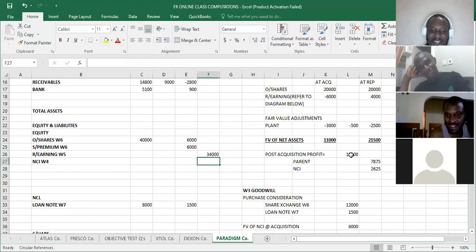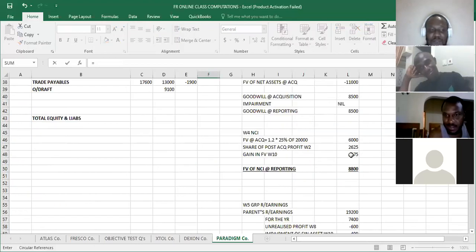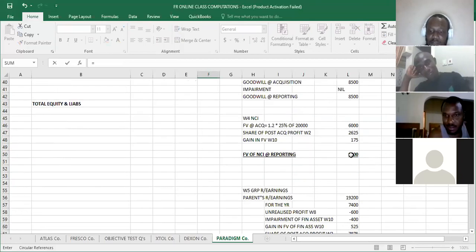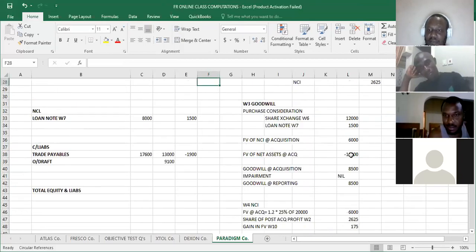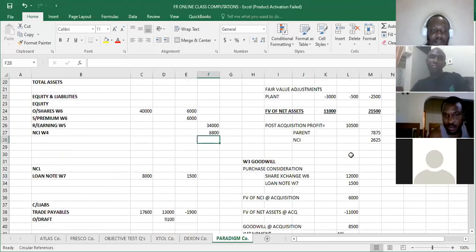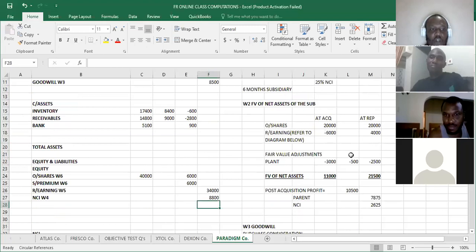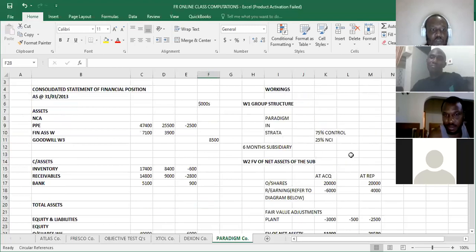Okay. So it's equal to NCI now. Everybody has gone? I think people have gone though. Yeah, it's fine. They have gotten what they need to get now. That's the important thing. So we're done. I don't think there's any other adjustment to make. PPE, goodwill, we've taken goodwill.